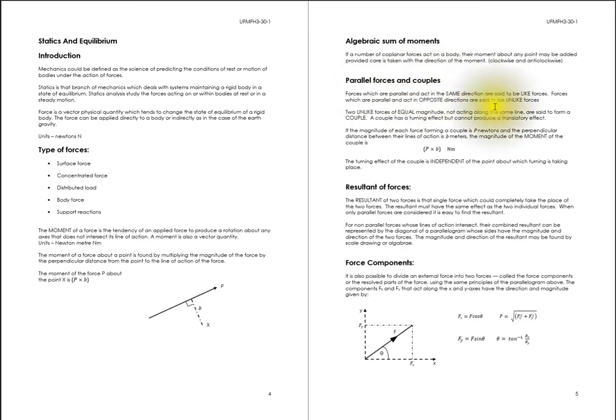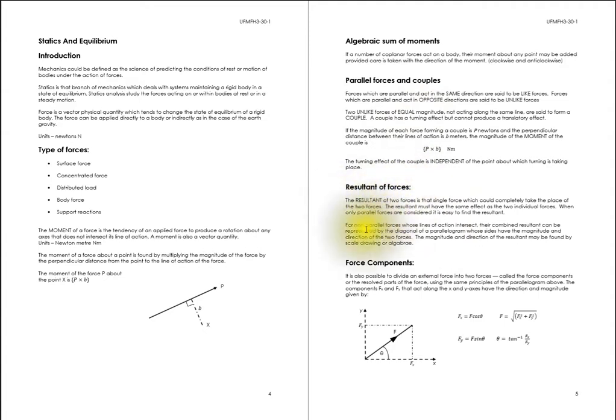When we add up those forces, the sum of the forces equals 0, but obviously we're going to get a spinning effect on the body. So that's what a couple is.